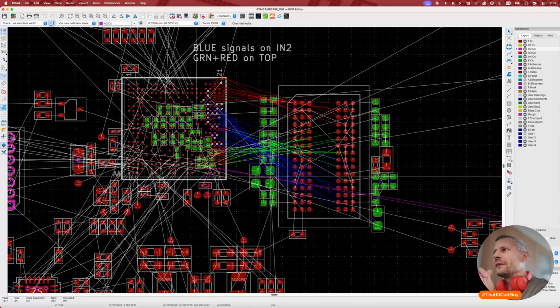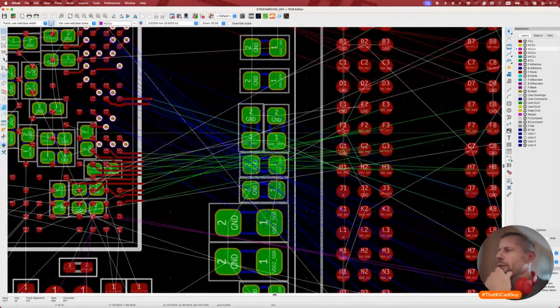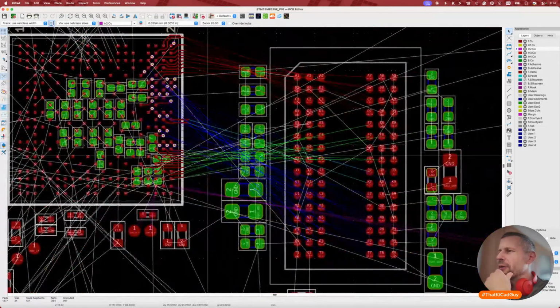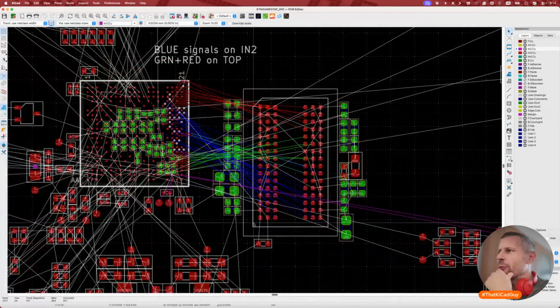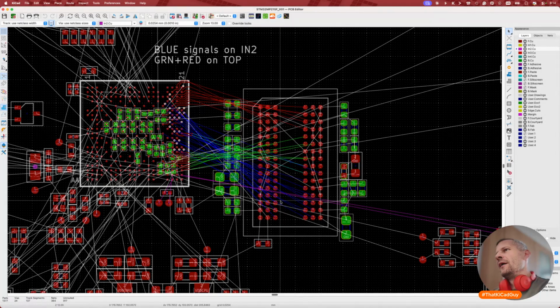So yeah, I thought about that because when the red and the green airlines are to be connected on top, it means that I have to go in between the pads or around the module and use the gap in between these rows. And I'm not sure.